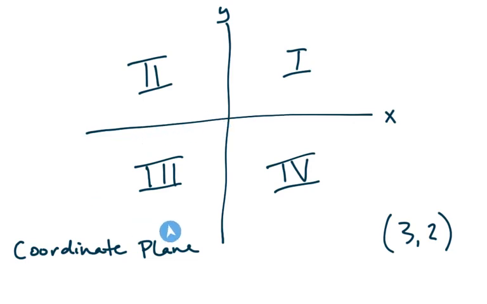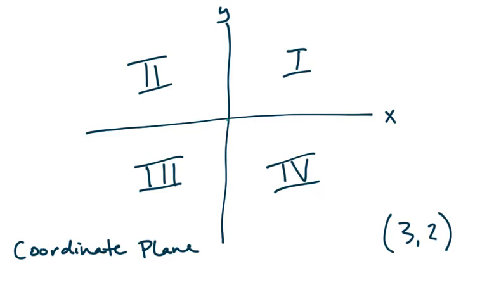All values in quadrant 3 are both negative. And the values in quadrant 2, the y values are positive, but the x values are negative. And in quadrant 4, the x values are positive, but the y values are negative.